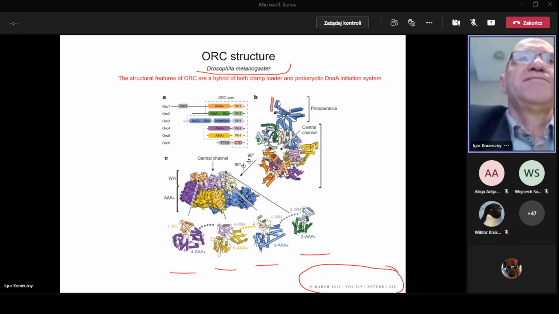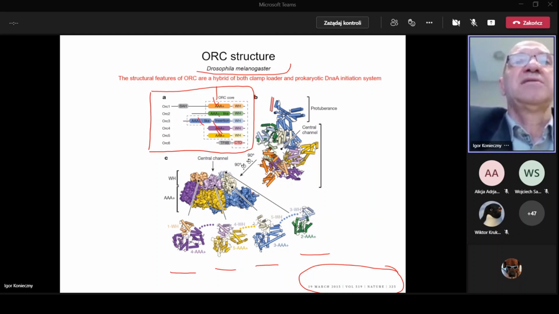And this is panel A, the structure of them. You see that all of them have AAA plus domains, and they have winged helix domains as well.